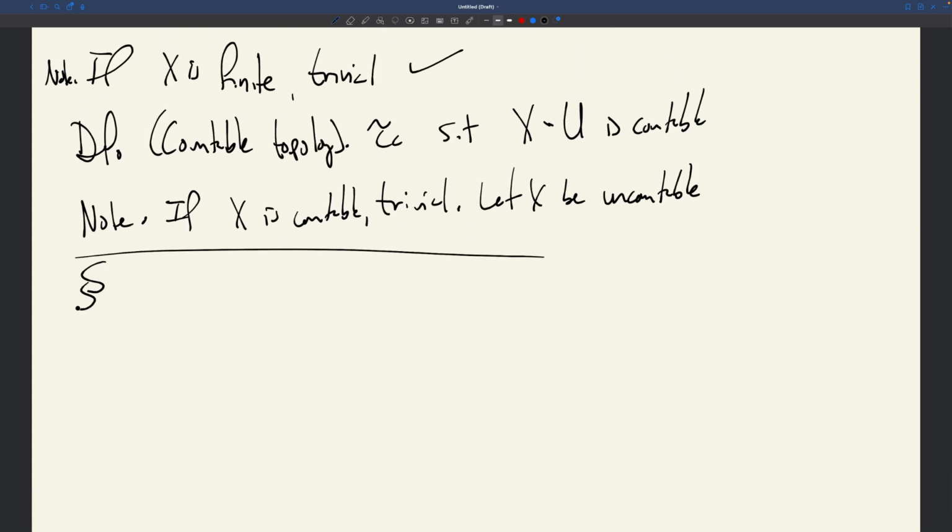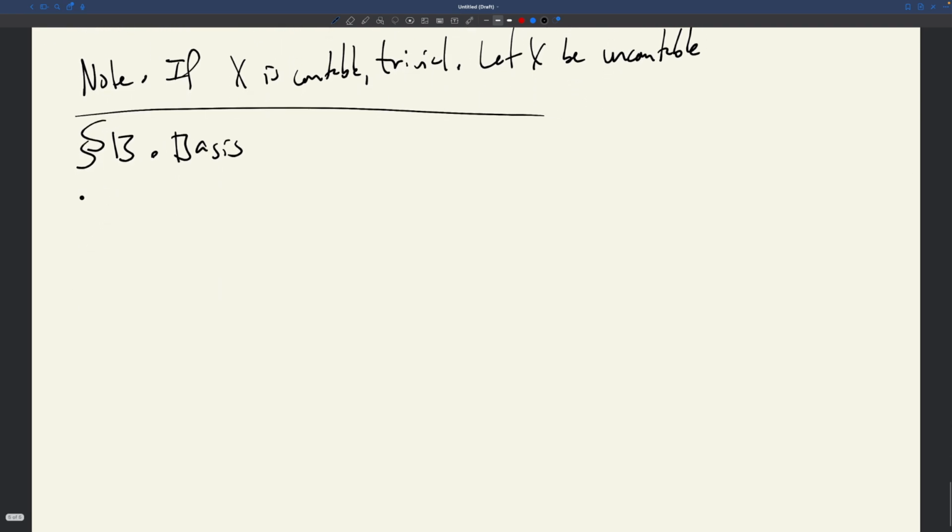So now we're getting into section 13, and this is just the bare minimums here. Definition: what is a basis?